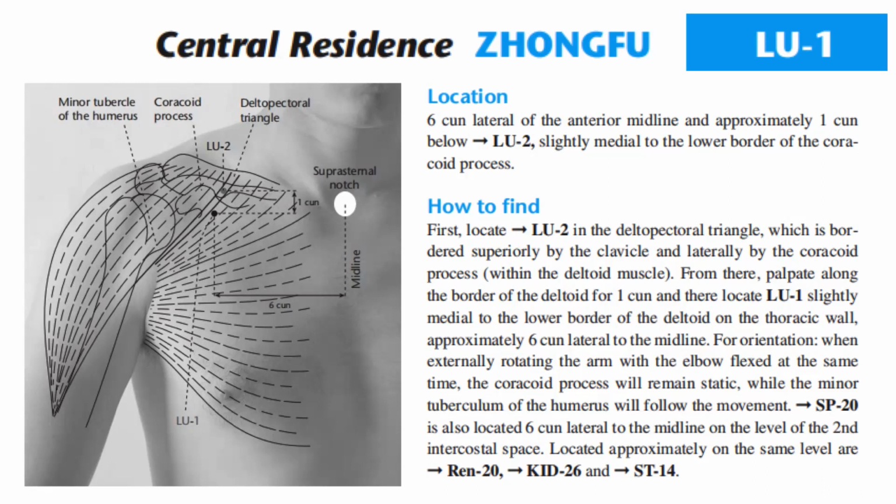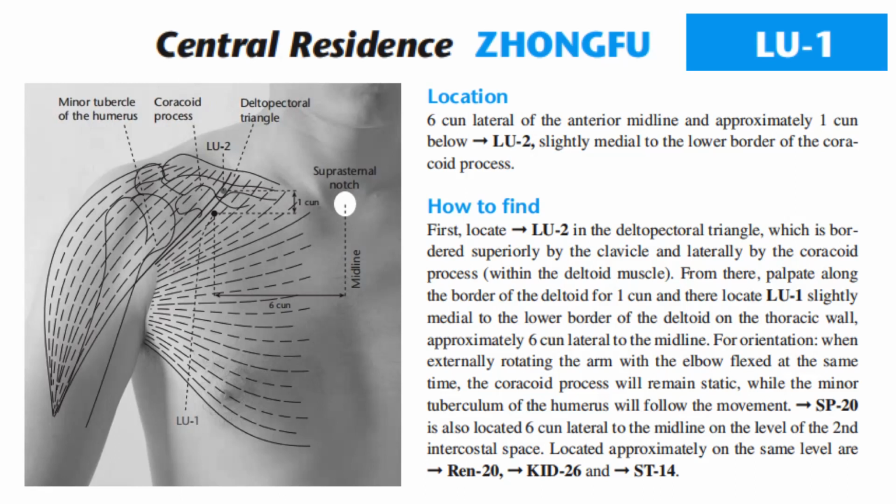For orientation, when externally rotating the arm with the elbow flexed at the same time, the coracoid process will remain static, while the minor tuberculum of the humerus will follow the movement. Spleen 20 is also located 6 tun lateral to the midline on the level of the second intercostal space.